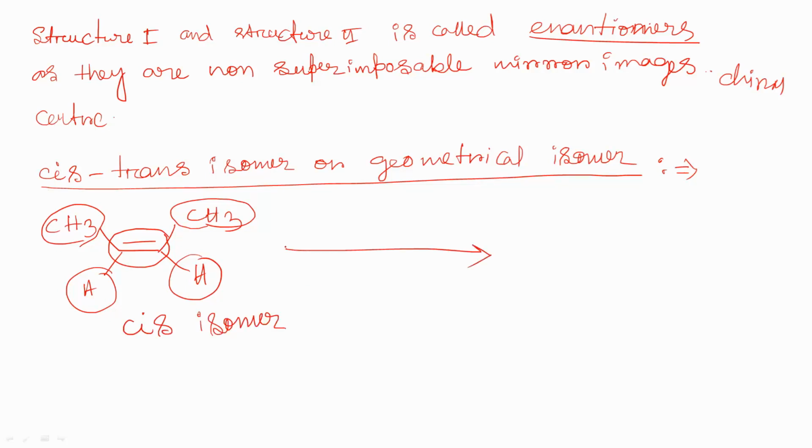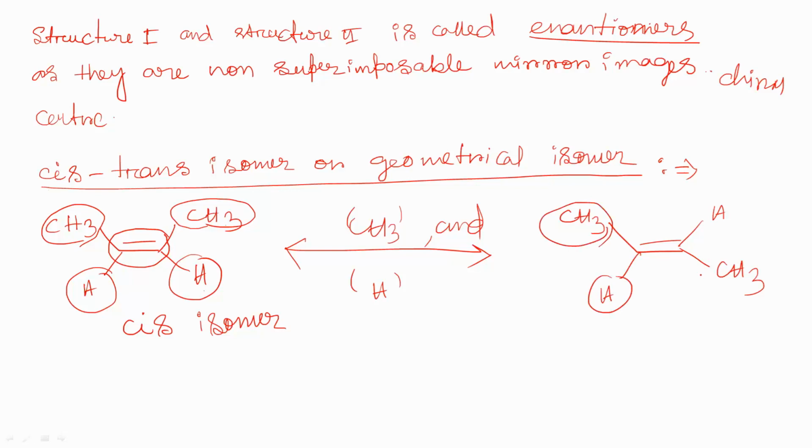Now if we change the position of CH3 and hydrogen, what will we get? We'll get CH3, hydrogen, CH3 and hydrogen here. So now the same groups are opposite to each other. This is called the trans isomer.